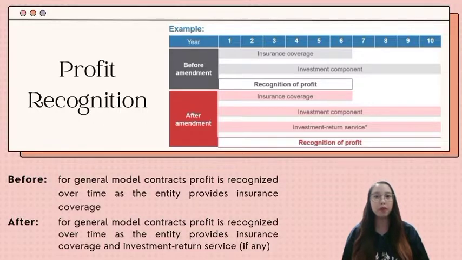Kailangan daw po mag-provide ng quantitative information sa appropriate time bands kung kailan po nila expect na i-recognize yung contractual service margin sa profit or loss, and kailangan din po nila i-disclose yung judgment nila regarding sa pag-determine po nila sa pag-weigh ng benefit provided ng insurance coverage and ng investment return service para sa contracts sa general model, and insurance coverage and investment-related service for the contracts in the variable fee approach.